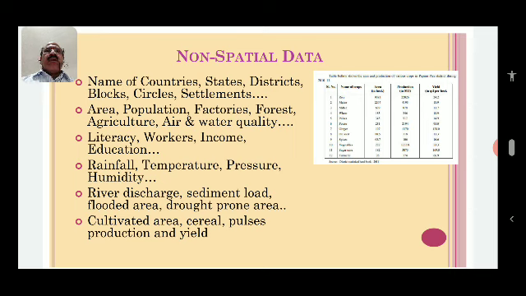Then you have the town name, village name, all this. Then area, population, number of factories, forest, agriculture, air, water quality of a particular area, then literacy, workers, income, education, all these. Say for agriculture you have cultivated area, cereal crops, pulses, production and yield.